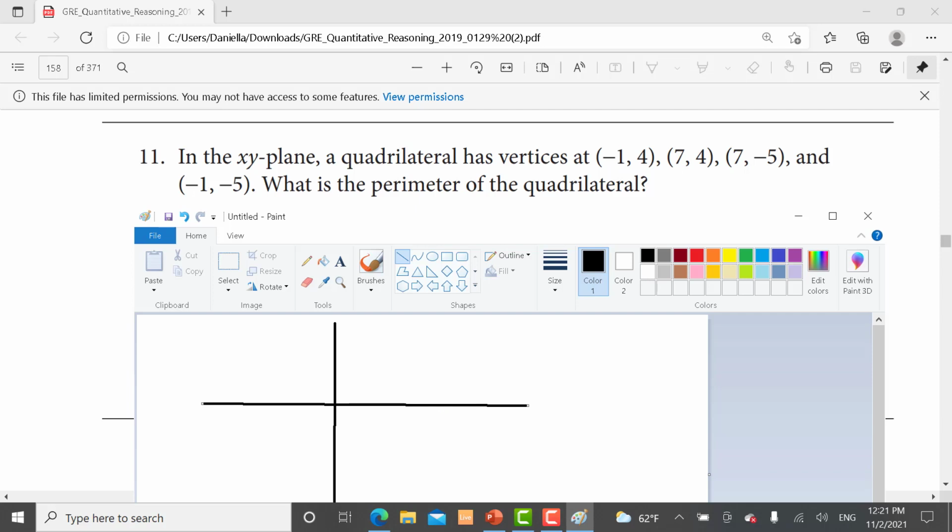See that? Now let's mark the first vertex, (-1, 4). So x is -1 and y is 4. We're going to have this point.